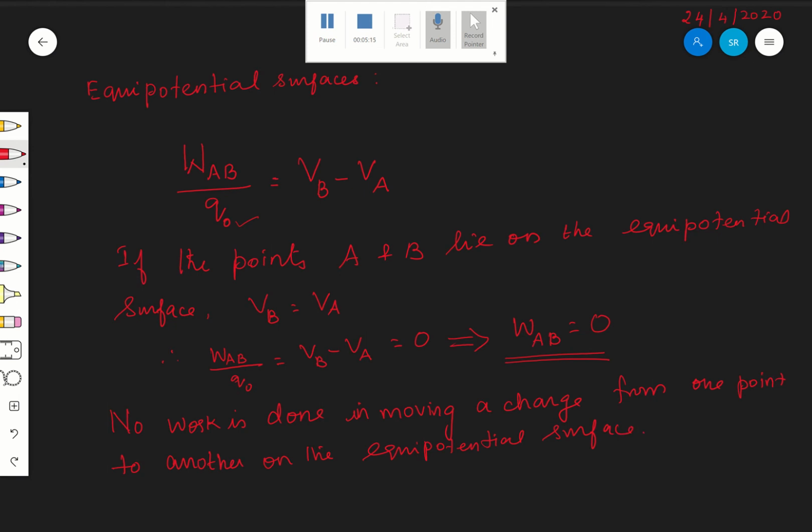Are you following? No work is done in moving a charge from one point to another on the equipotential surface.